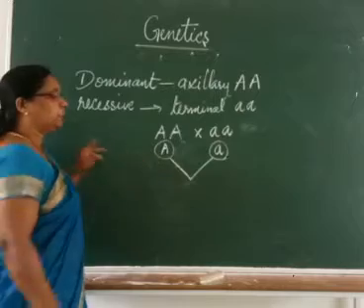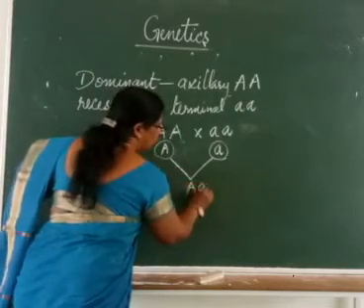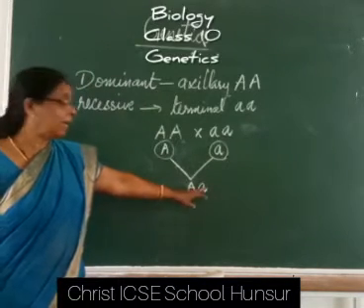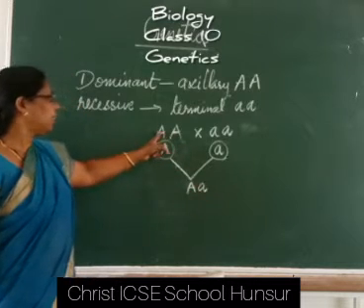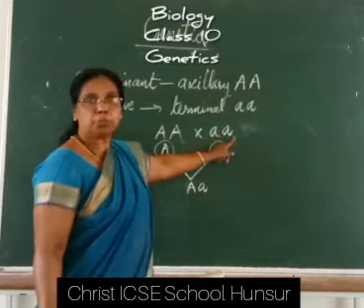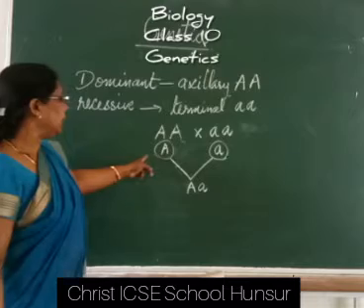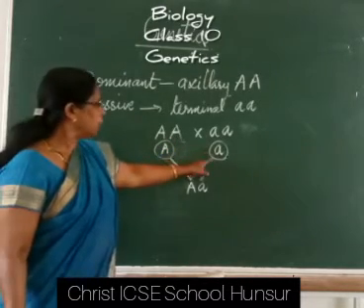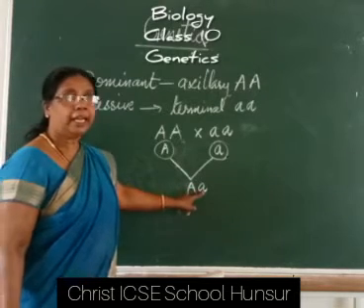What offspring is produced? One capital A and a small a. Got it? Both parents are homozygous, capital A capital A and small a small a. We have cross-pollinated these flowers, and the gametes formed are capital A here and small a here.